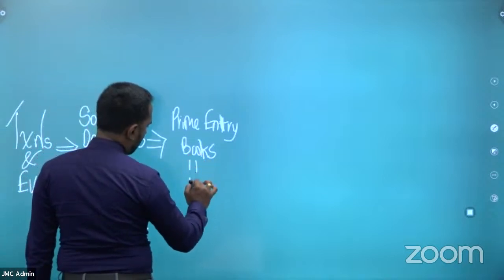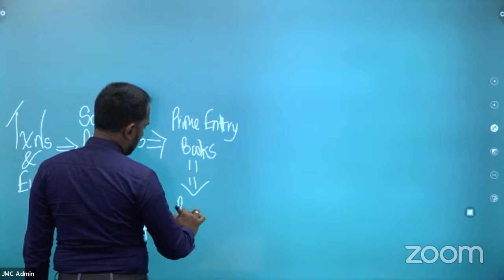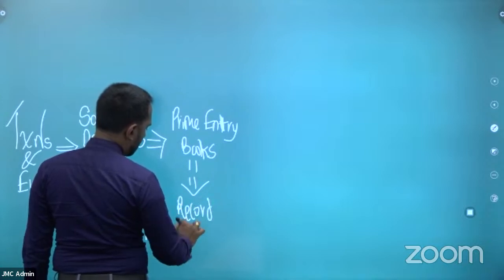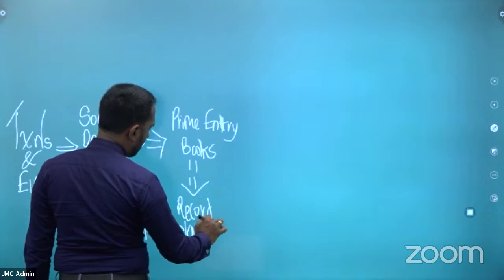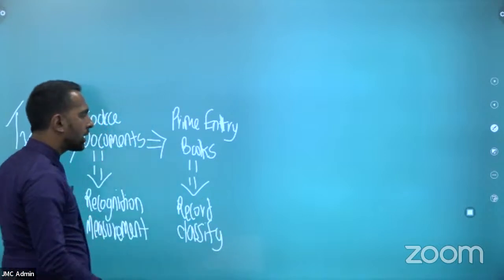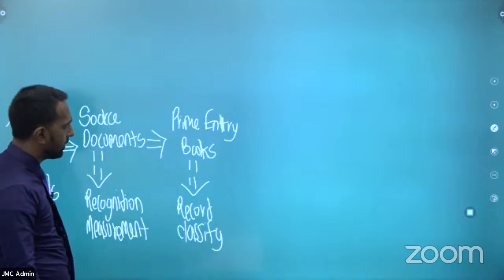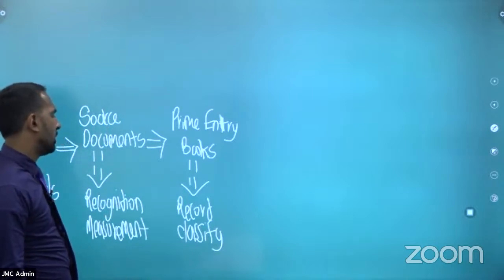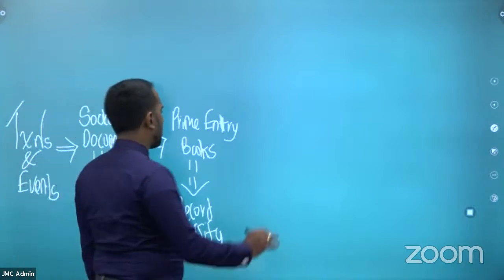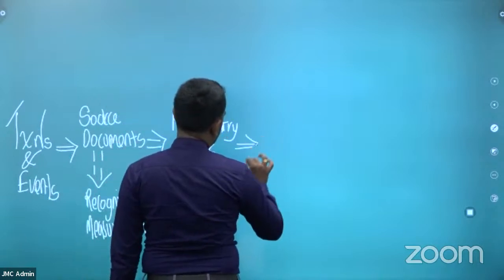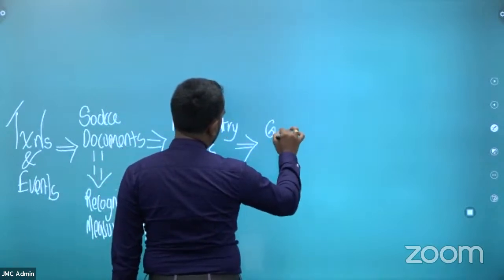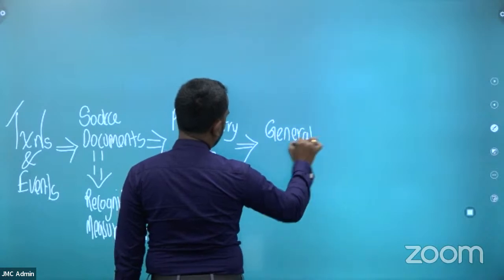In prime entry books, you record the transaction and you do the classification. After the prime entry books, you record them in the general ledger.